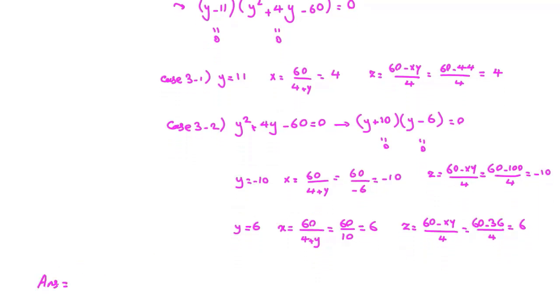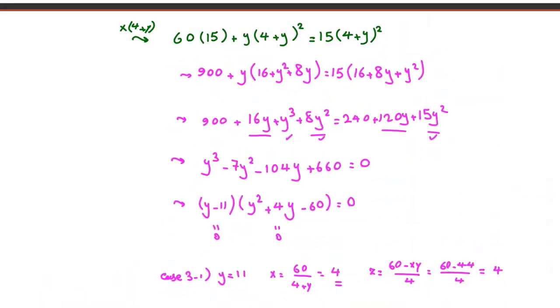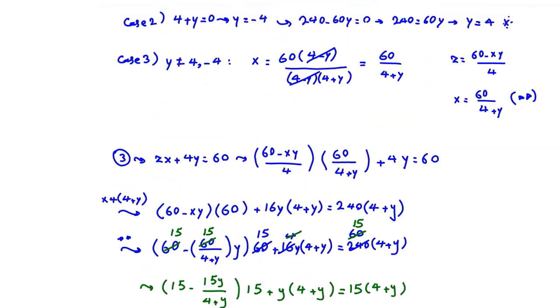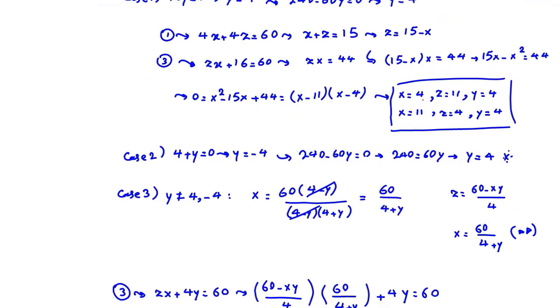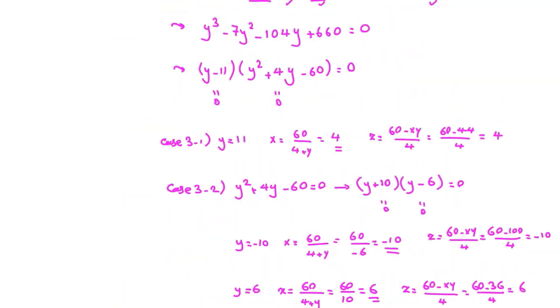The question asks for the sum of the squares of the possible cases of x. So in this case, x is 6, 6 squared. In this case, x is negative 10. In this case, x is 4, plus 4 squared. Let's consider the other cases that we found: x 11, x 4.